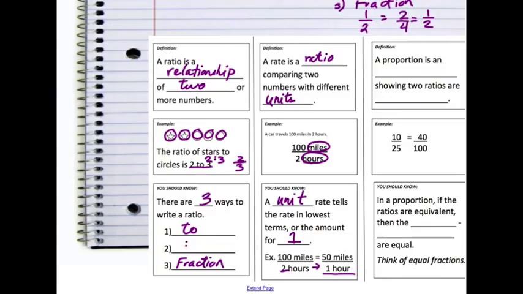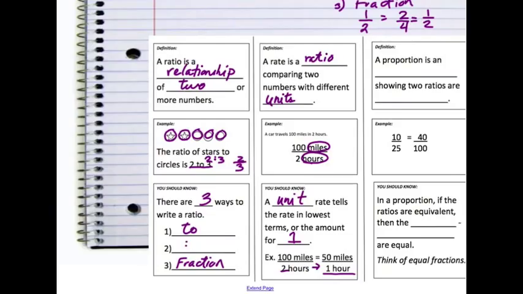I can do that by simplifying my fraction. So 2 hours turns to 1 hour, and 100 miles turns to 50 miles. Now I have a saying in terms of 50 miles per hour. That's a much simpler way to describe the rate rather than saying I go 100 miles every 2 hours.